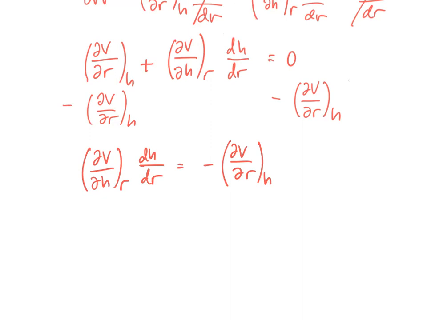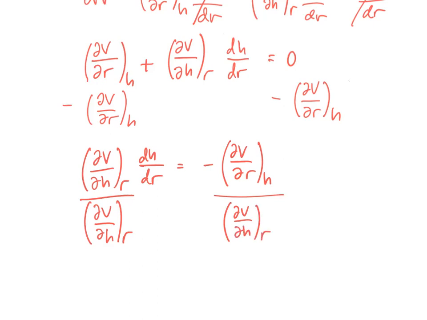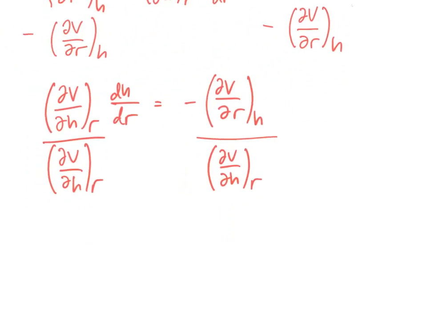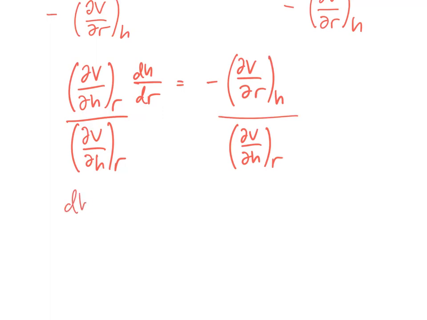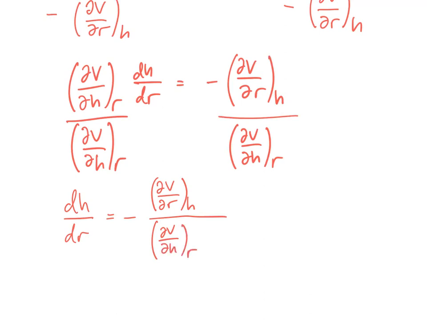Next, I'm going to divide both sides by partial V partial h, holding r constant, and then I can say that the change of the height of the cylinder with respect to r is equal to negative partial of V with respect to r, holding h constant, over partial of V with respect to h, holding r constant.